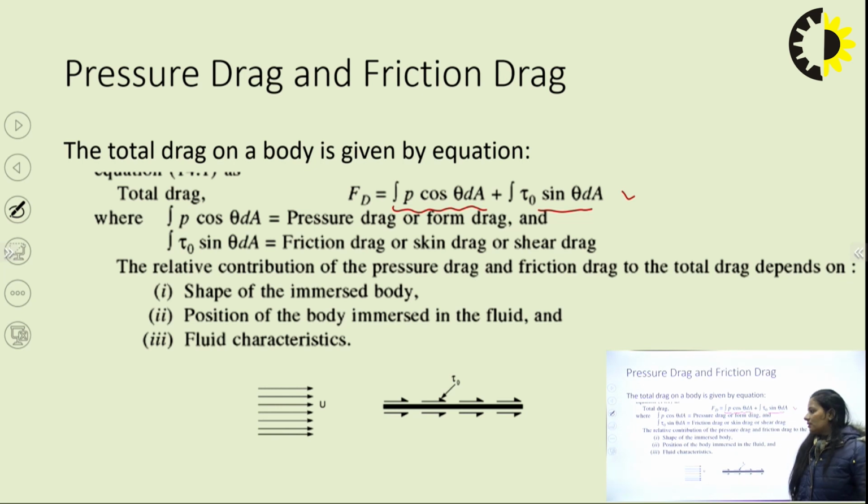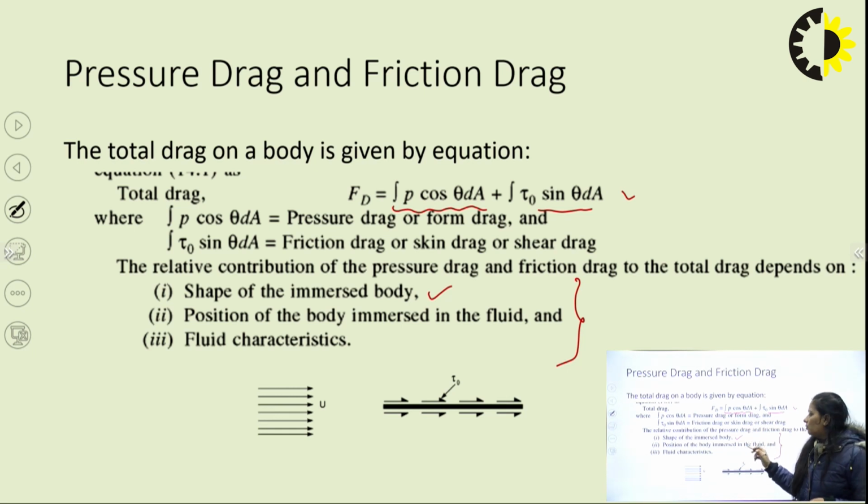That means from these three points, the first is the shape of the immersed body. I have already taken the example of a mobile phone and its orientation when you put that shape in the direction of flow. Whichever shape you subject to a flowing fluid will affect the total drag force.